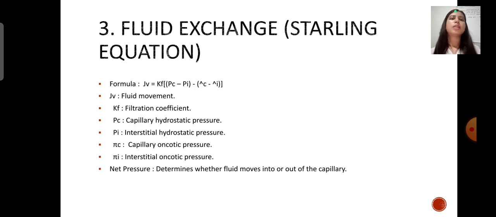All of this stands for: the fluid movement is equal to the filtration coefficient multiplied by the capillary hydrostatic pressure minus the interstitial hydrostatic pressure, bracket close, minus capillary oncotic pressure minus the interstitial oncotic pressure, and the net pressure determines whether the fluid will move into or out of the capillary.